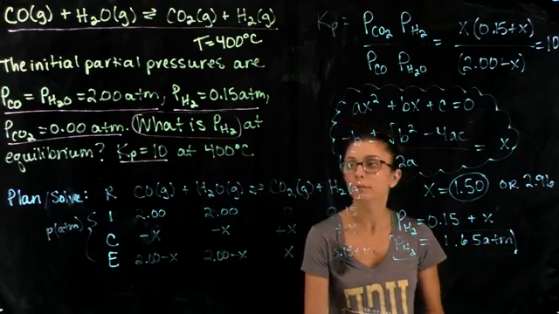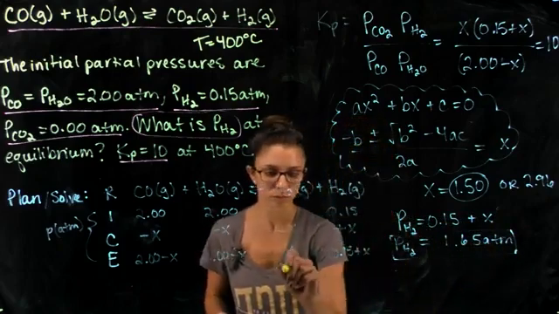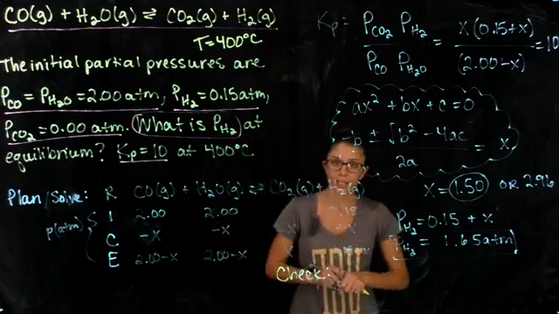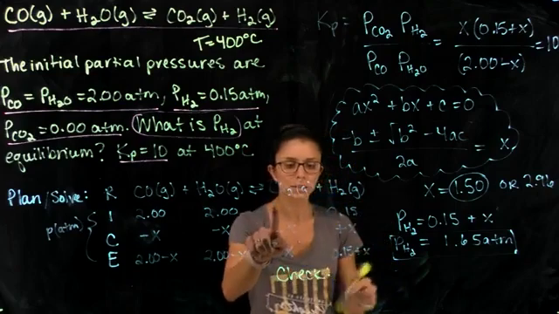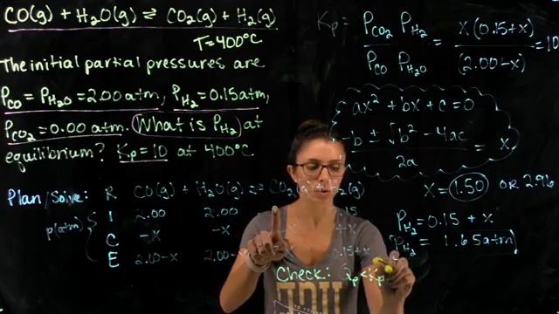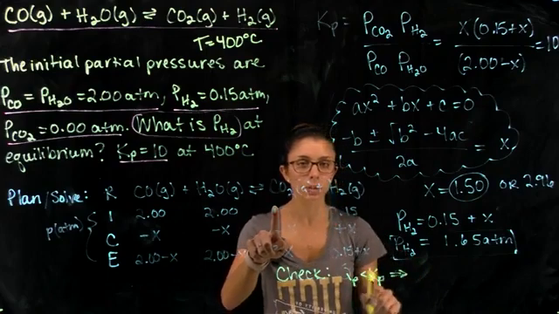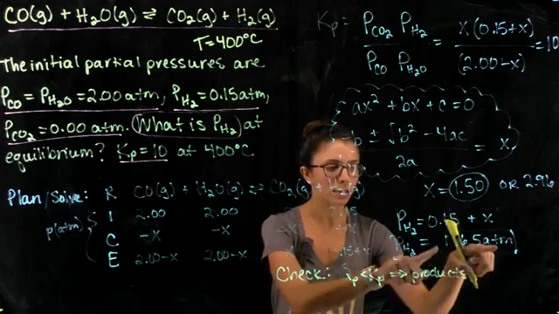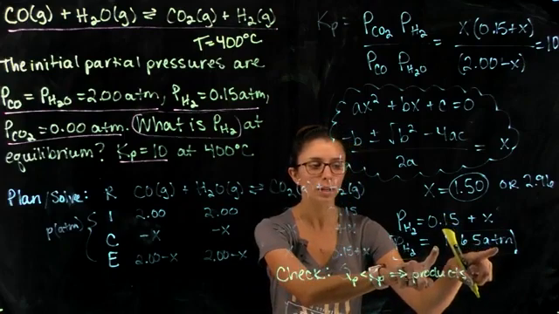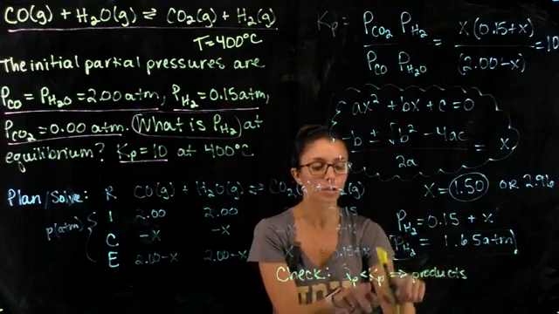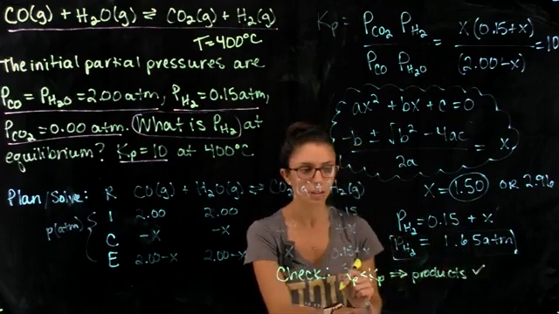If I wanted to check it, first, at the beginning, I said that since Q would be equal to 0, that means that it's less than Kp. So my equilibrium should shift towards the products. I can see that I have product being formed here because my equilibrium partial pressure is greater than my initial partial pressure. So this is happening.